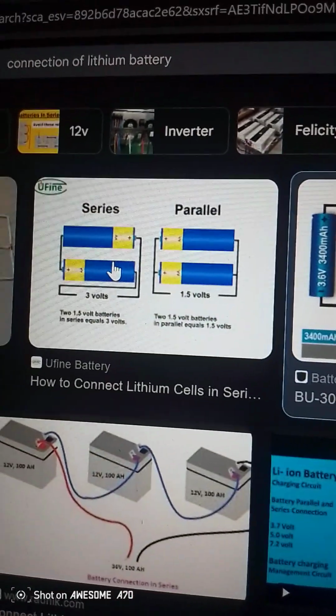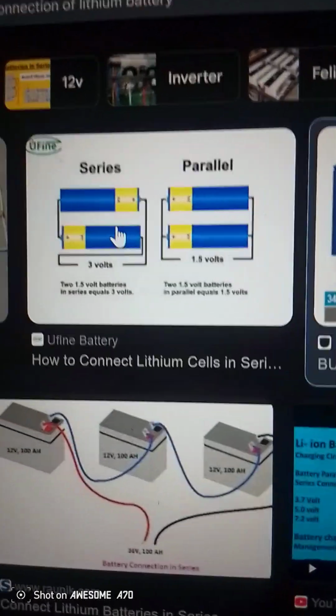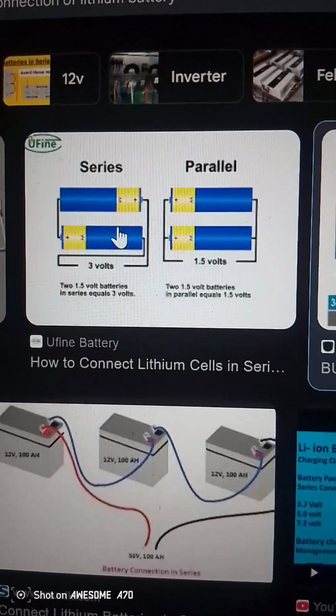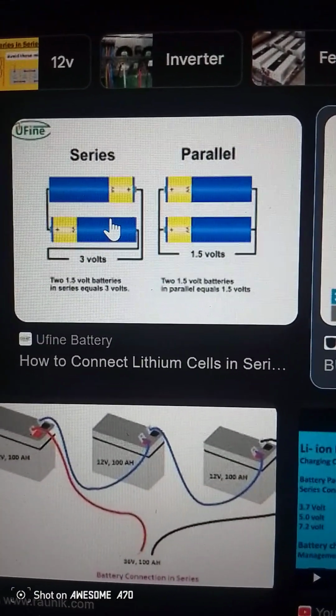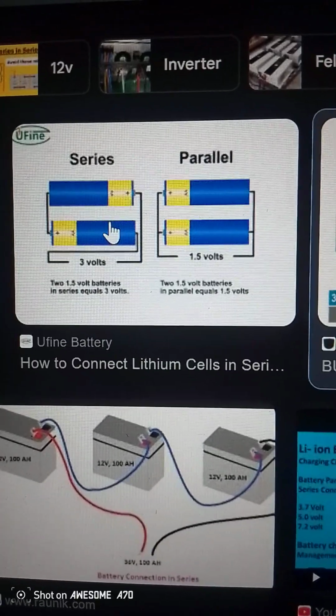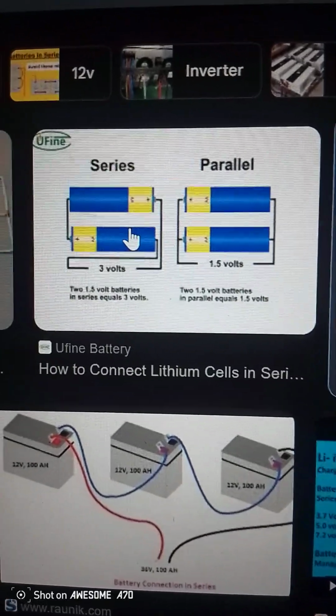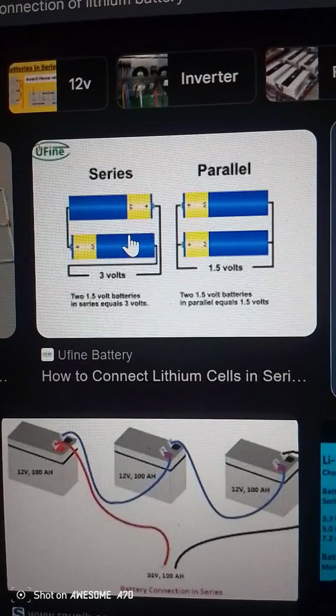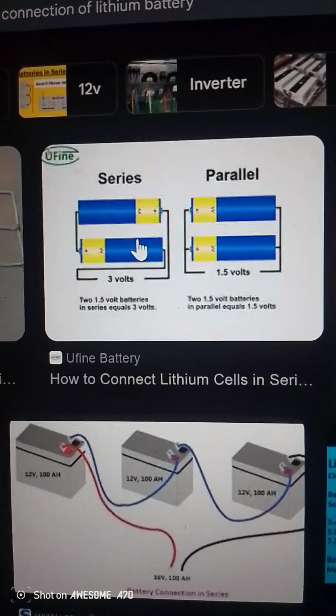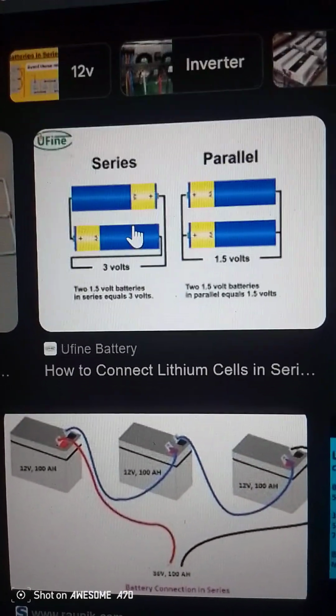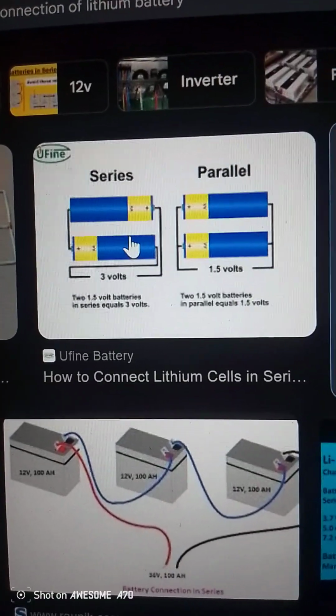Let's come again to our looping, or our connection, so that we understand it more. When we loop in series, what do we do? Let us not just speak English. What happens there?